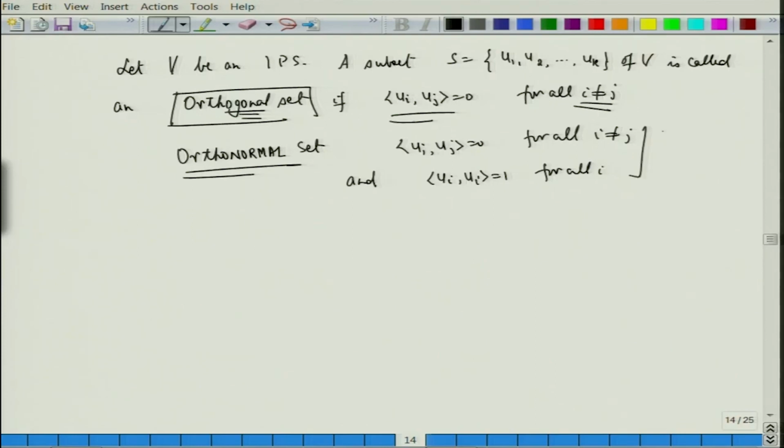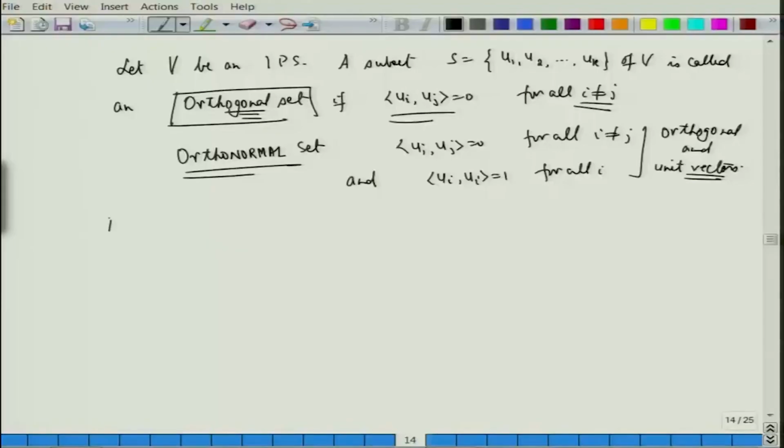So here it is orthogonal and unit vectors. I have all the unit vectors and they are perpendicular to each other. Is that okay? There are two important things: one is just looking at orthogonality, and the other is looking at only unit vectors. So you have to be careful about them.